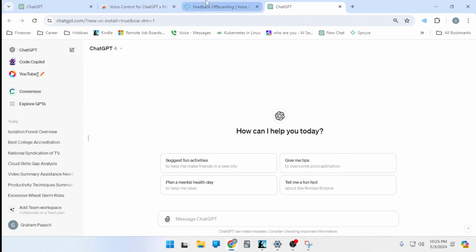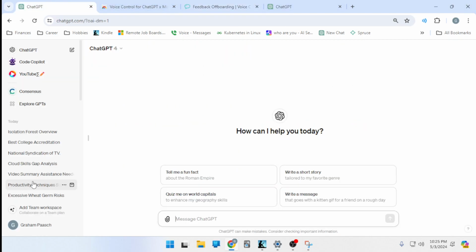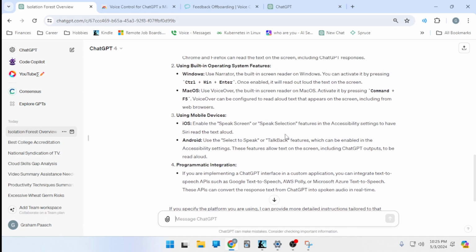So clearly, I need a different sort of extension. Now, ChatGPT did recommend one, so let's go back and look at the one it recommended.